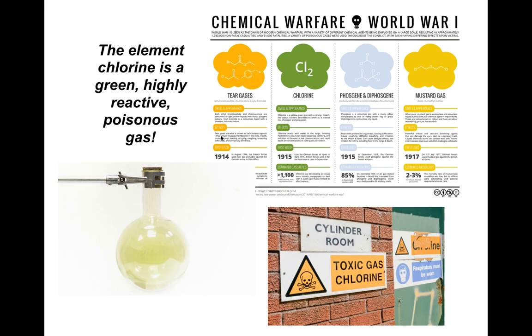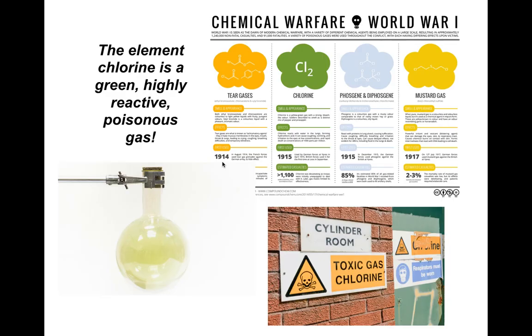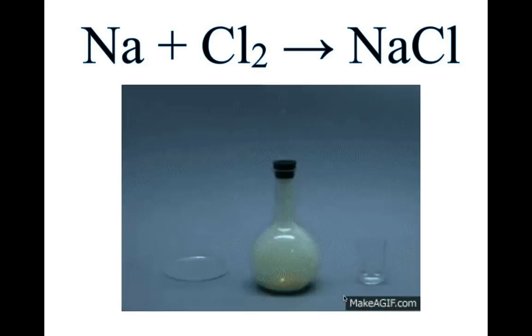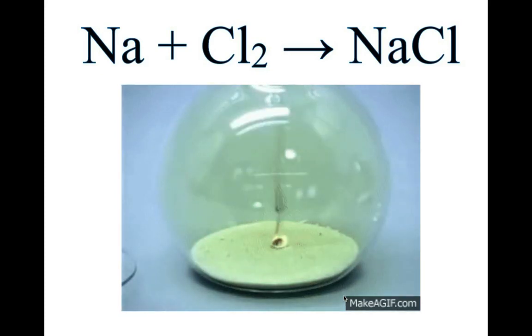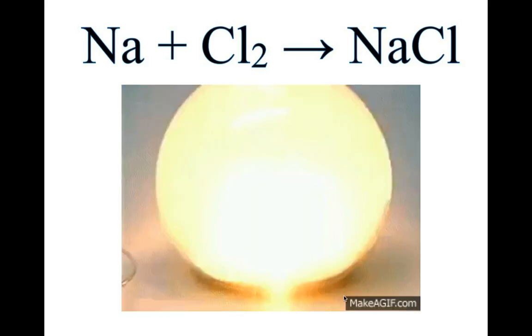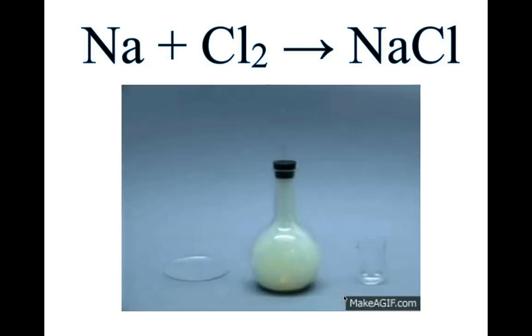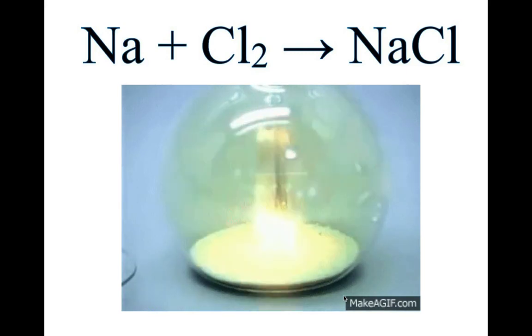So again, how does a flammable metal and a green poisonous gas become what we put on French fries? Well, it happens through a chemical reaction. So if I have, for example, in this little video, a flask of green chlorine gas. If I put a little pellet of sodium in that flask, they react, chemical reaction, chemical change, and a new substance is formed.